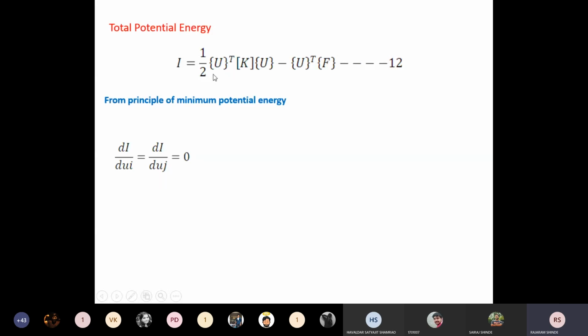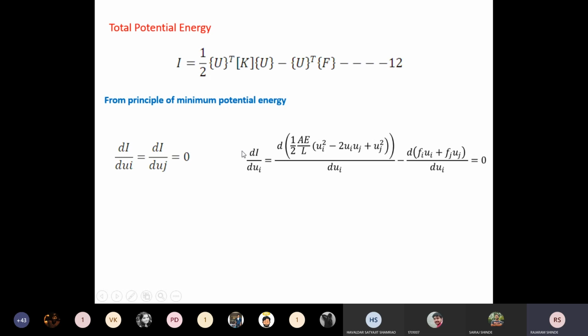That means the derivative of I with respect to this matrix is equal to 0. Now differentiating I with respect to the first term in the matrix, then with respect to the second term, and equating with 0, we will get the finite element equation that I will show you. First I will differentiate this one.